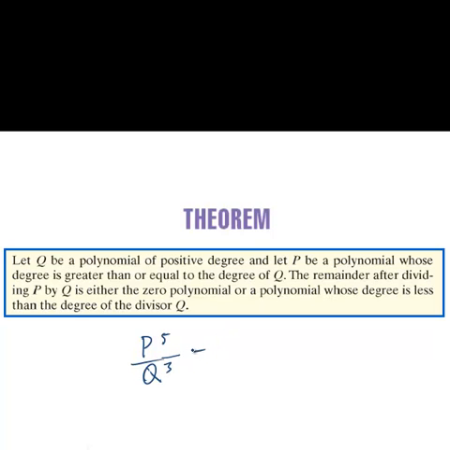Well, then the result is going to be some other polynomial, call it S. A fifth degree divided by a third degree polynomial is going to be a second degree polynomial, for example. And that's a polynomial of smaller degree than Q, the divisor. So the resulting polynomial is always going to have a degree that's smaller than the degree of the divisor.